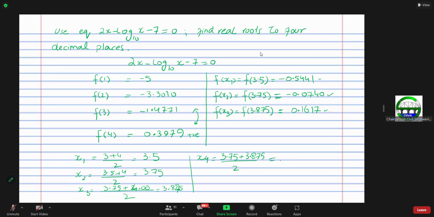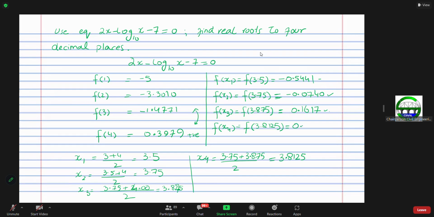What is the value in here? 3.8125. So f of x4 is equal to f of 3.8125, right? Okay, you guys are quick.